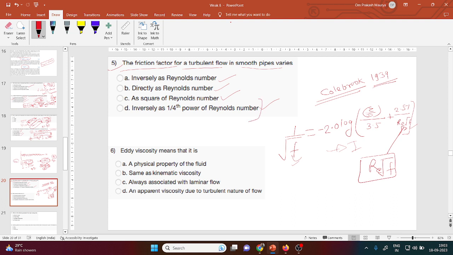Actually, I was trying to find out the answer to this: how is it varying with the 1 by 4th power of the Reynolds number? But I didn't get a concrete result. But in the previous year NPTEL question, this option is correct, the 1 by 4th.